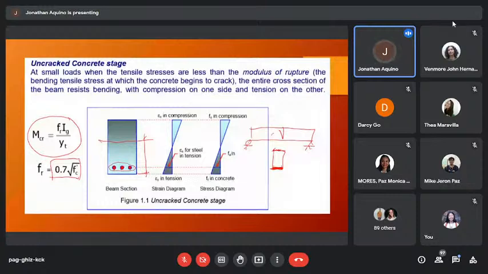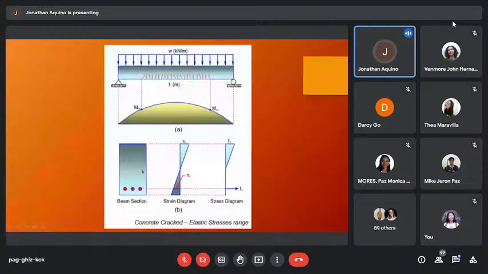Okay, so this is the concrete crack, okay, elastic range. So before it cracks, yung portion ng beam na hindi nag-crack, ang nagkakarga doon is yung cracking moment niya. So the cracking moment is small compared to the cracked section. So kunyari meron tayo ditong reinforcing bars. So sa portion na to, hindi pa gumagana yung reinforcing bars.